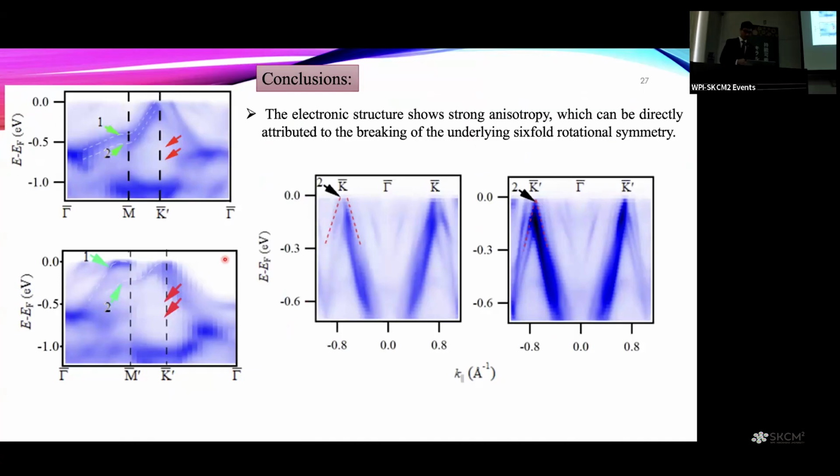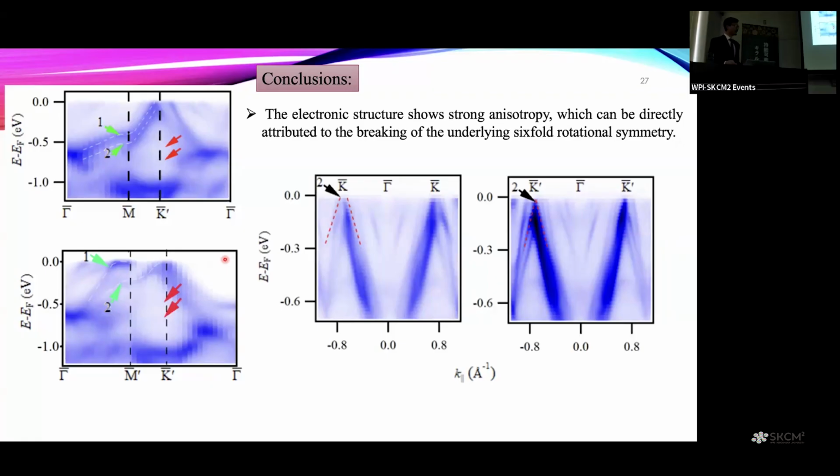From these studies, what we can conclude is that the electronic band structure is mostly dominated by these titanium d orbitals. And if you recall, the titanium atoms form the Kagome lattice. So the electronic structure near the Fermi level is mostly dominated by the Kagome lattice.